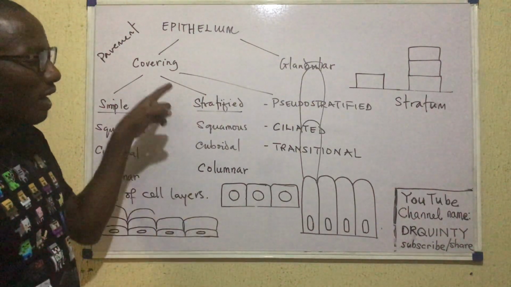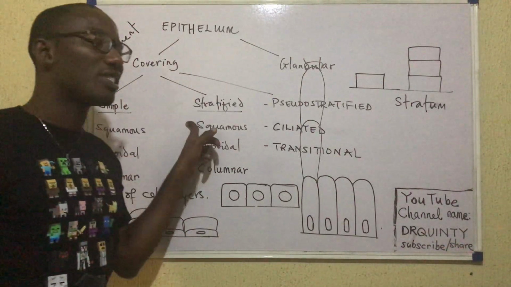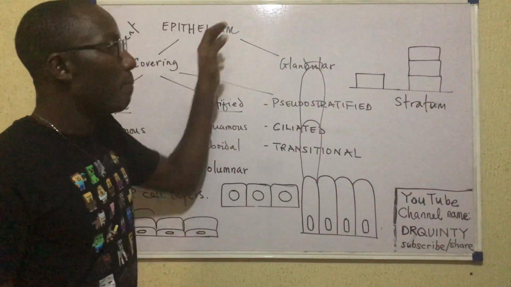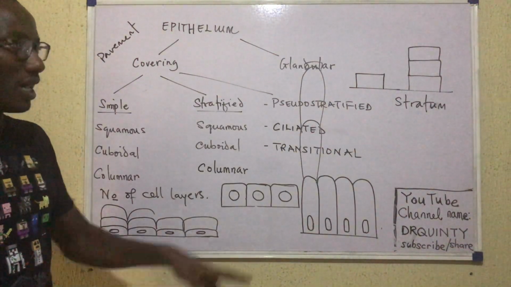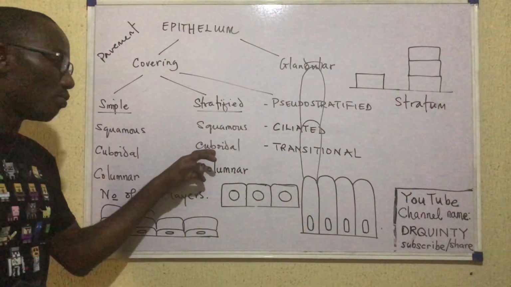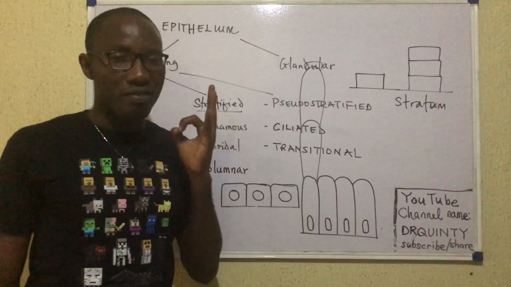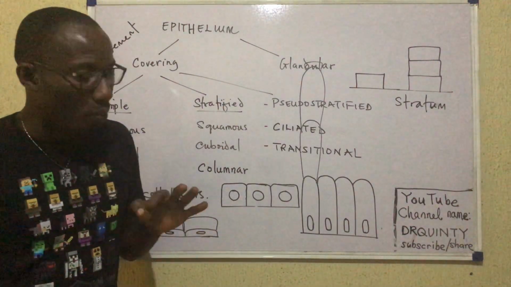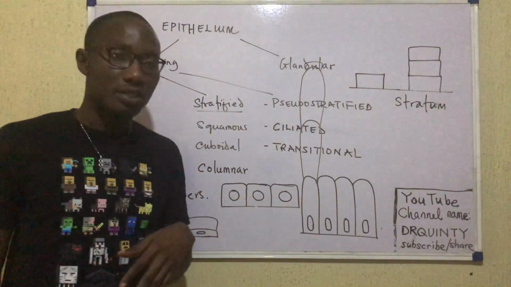But stratified, what would it be out of these three? Stratified squamous. Why? Because the cells on top are squamous cells. So that's stratified squamous. Can we have stratified where columnar or cuboidal will be on top? Yes, but very rarely. What is more common for stratified epithelium is to have squamous on top.